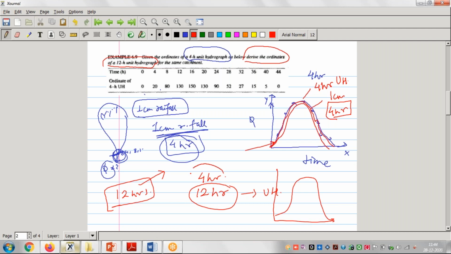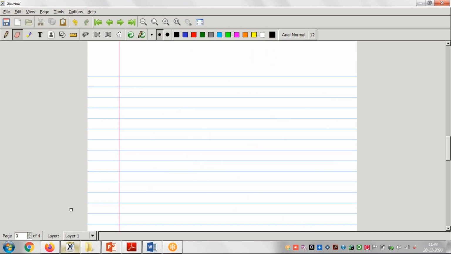You know that for a 4-hour unit hydrograph, you can draw the graph like this, and you have the values for 4 hours. Say for the 4-hour unit hydrograph, the discharge values are 0, 20, 130, 150, 130, 90, likewise. You have these values, but you have to draw for the 12-hour unit hydrograph.